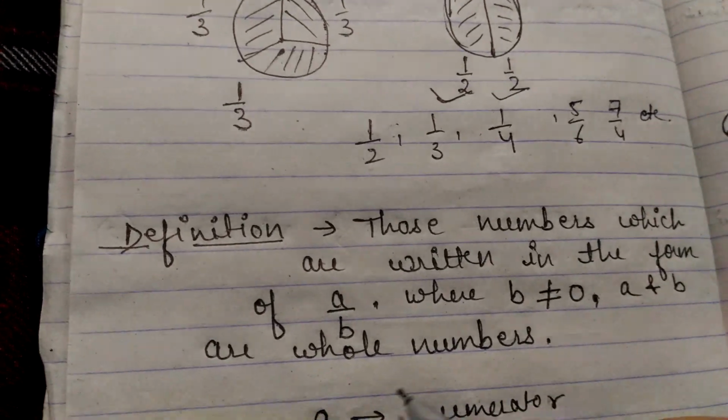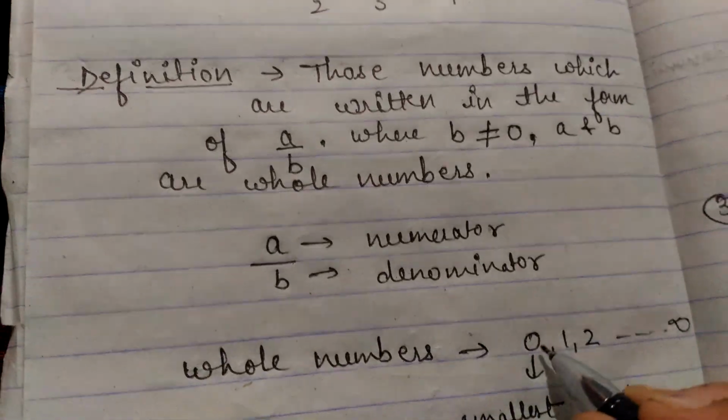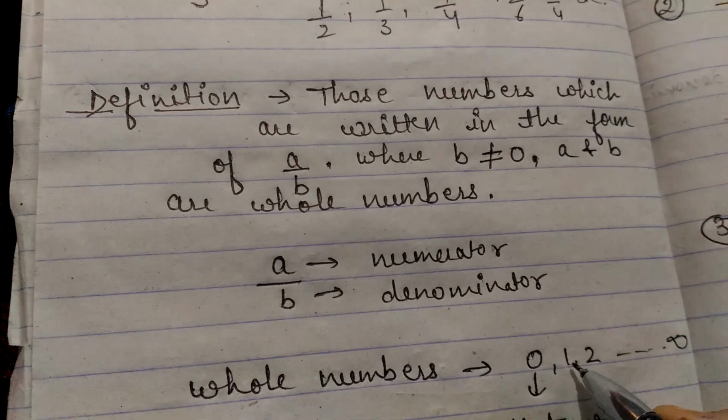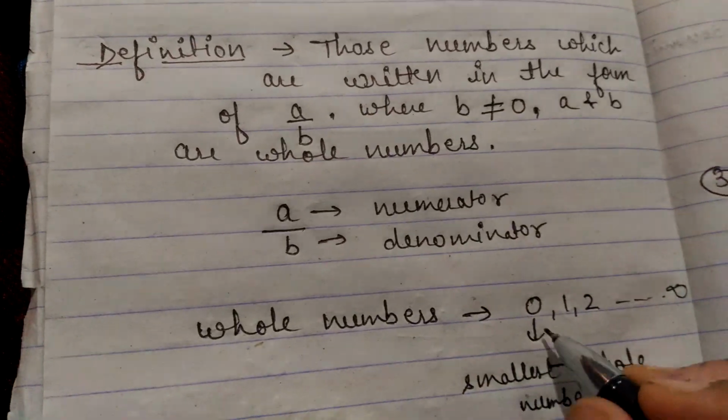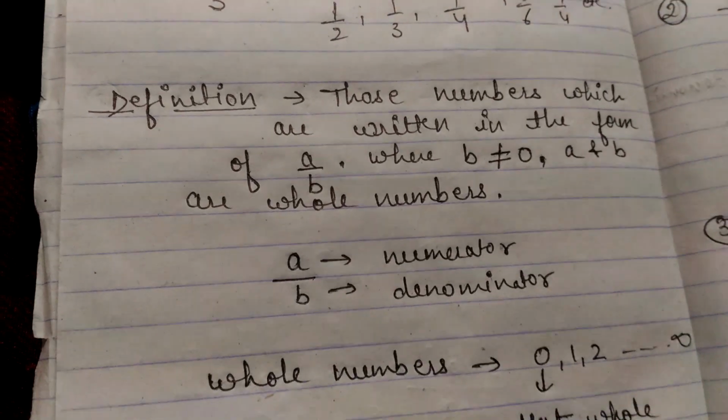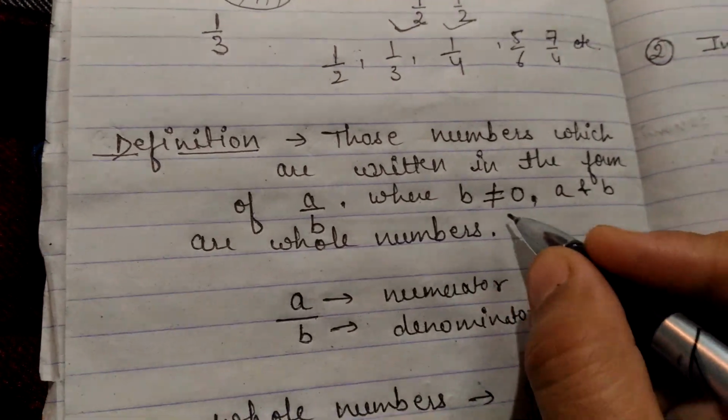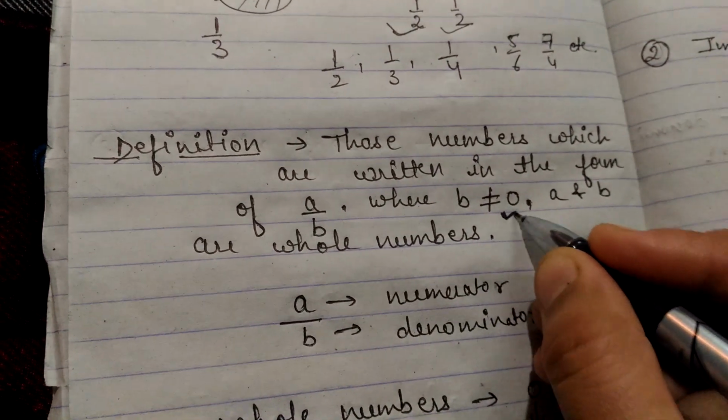Whole numbers start from 0 to infinity. 0 is the smallest whole number, and b does not equal 0.